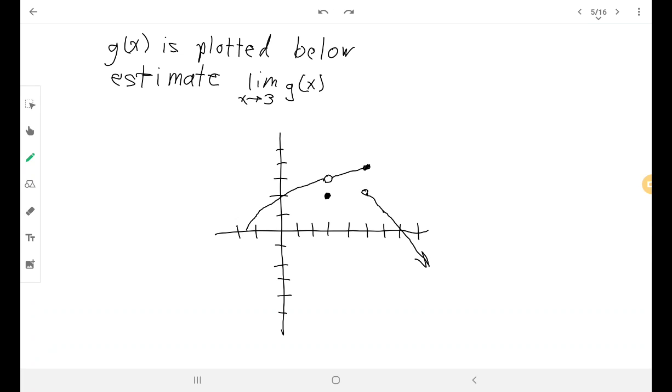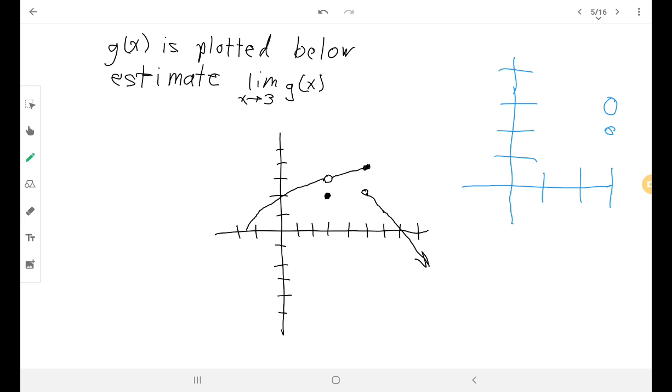So again, let me draw something just a tiny bit more zoomed in here. And we'll have 1, 2, 3, and 1, 2, 3, 4. And so, okay. So at 3, 3, we've got that open circle.